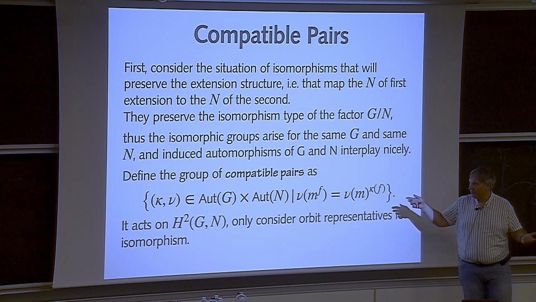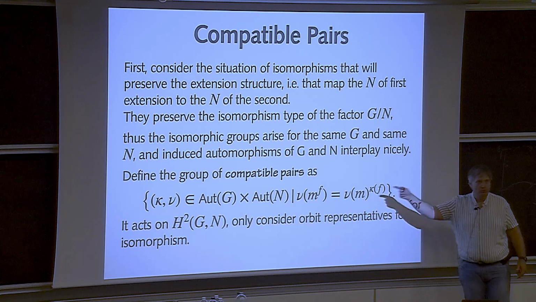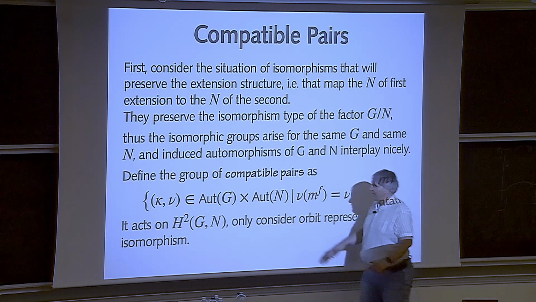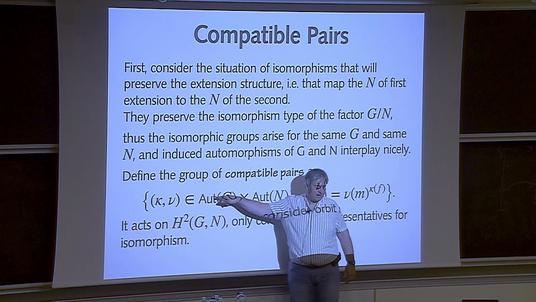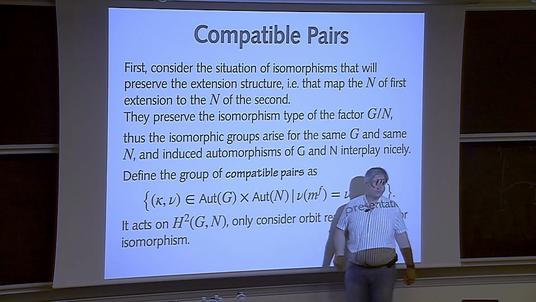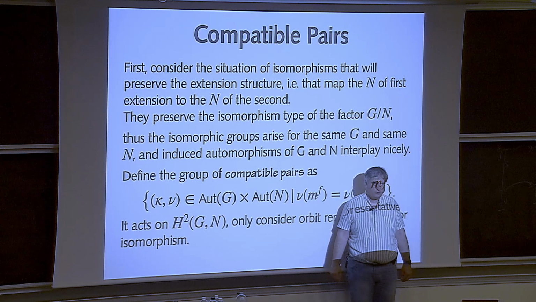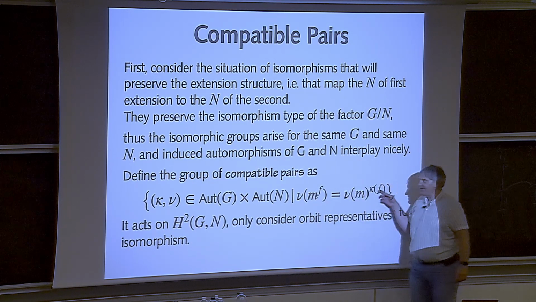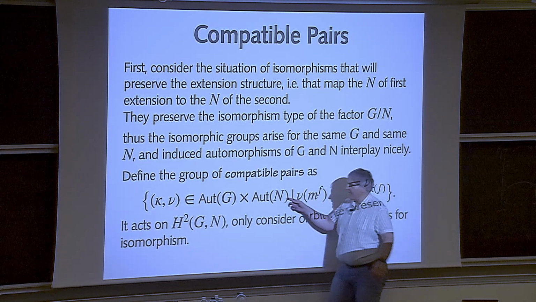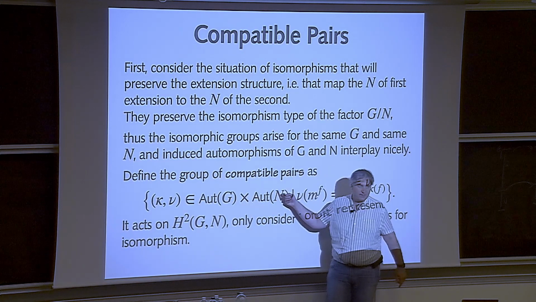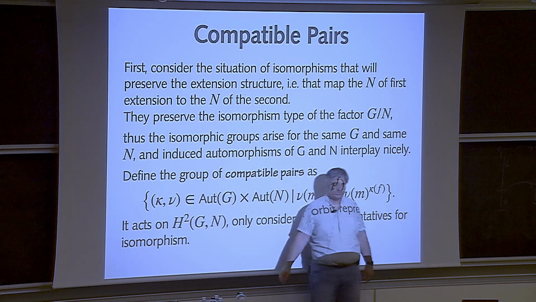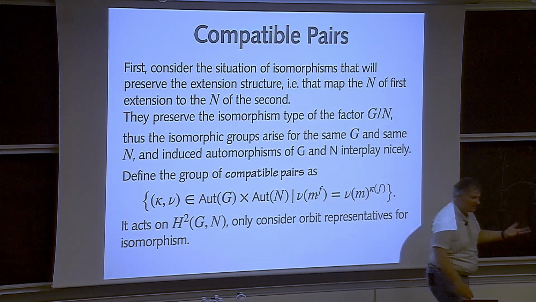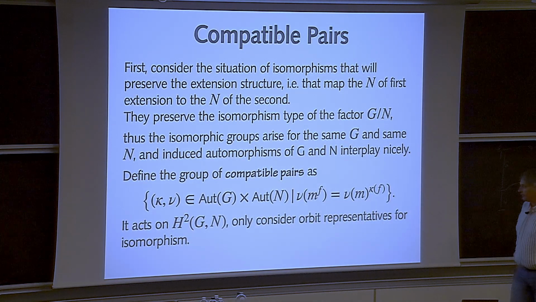That is a map from G cross G to N, and you have the G automorphism act on the G part and the N automorphism act on the N part. Or if you want, that condition basically says it's the largest subgroup of this direct product which can plausibly act on the cohomology group. That would be another way of describing the compatible pairs.